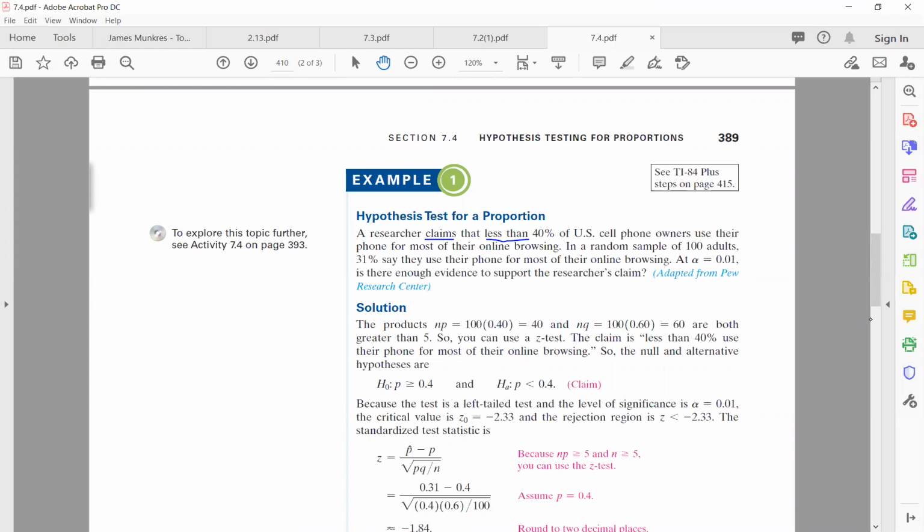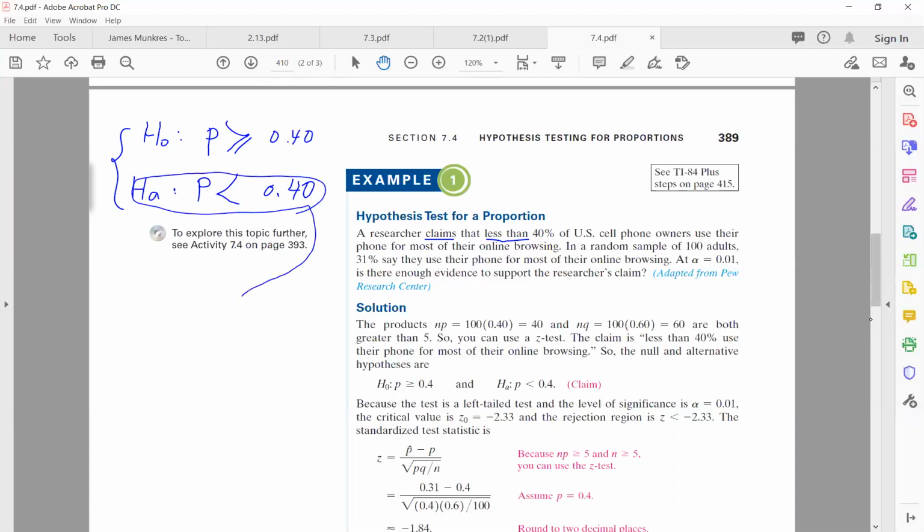When you're working with percent, it means that you have a proportion. Since you have less than, it means that your alternative hypothesis is given. Proportion is less than 40%. Your null hypothesis says proportion is greater than or equal to 40%. Since it's less than, you have a left-tailed graph.